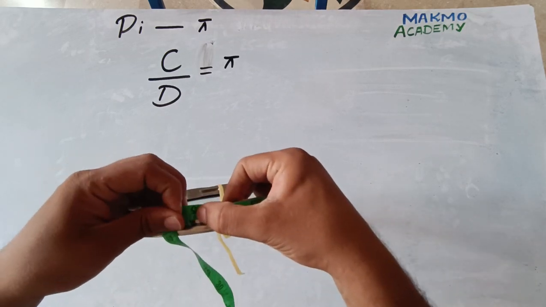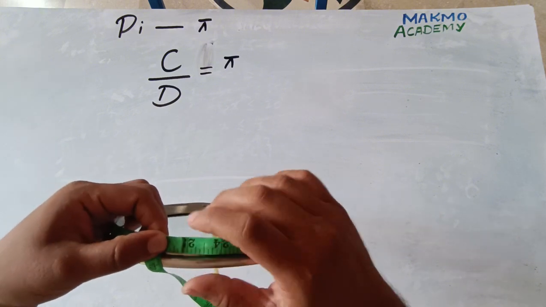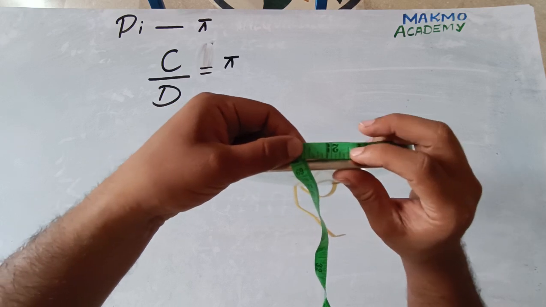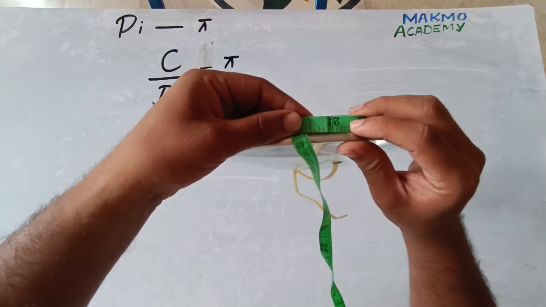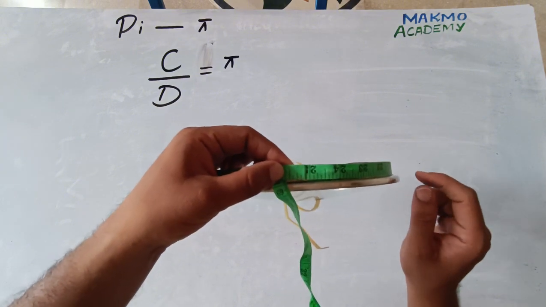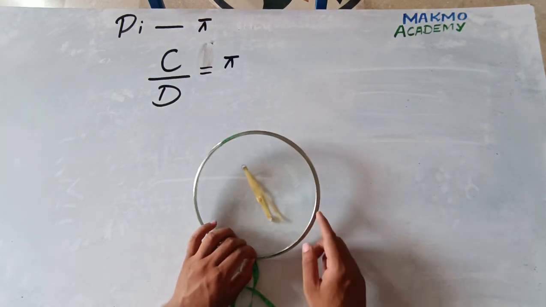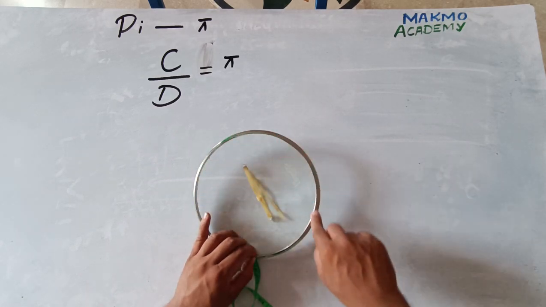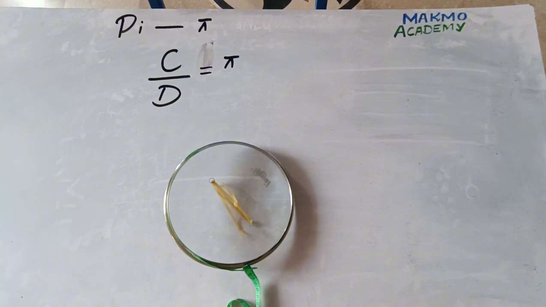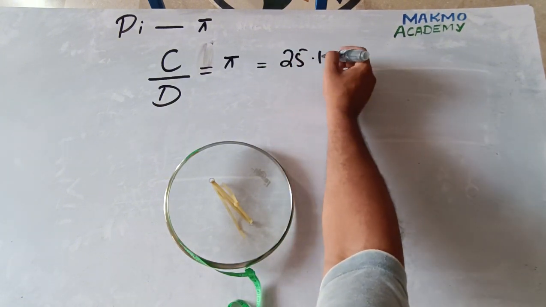Now you can see that after 25 it's 25 and a half. Let's look very carefully. So it's around 25.125. This is the circumference, which means the length of the outer boundary. I have measured this ring, starting from the same point and ending at the same point. So it's around 25.125.